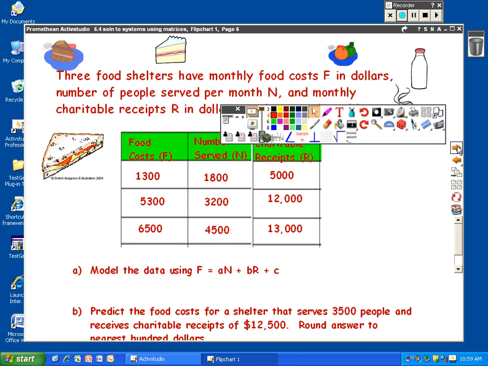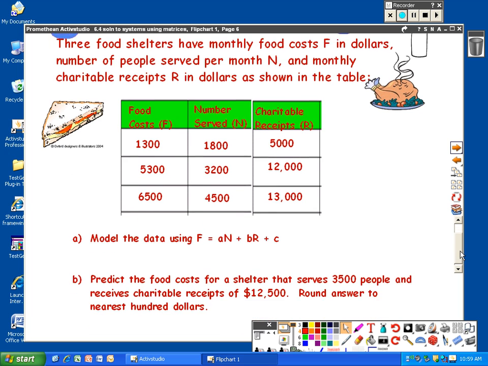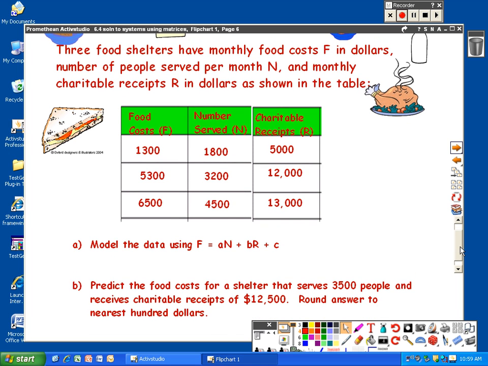Okay? So here we go. We got food shelters having monthly food costs. And they serve so many people and they give so much to charity. Here it says our model, the food will equal A times the number of servings plus B times the number of receipts for charity plus C. So the coefficients of A are right here per equation.